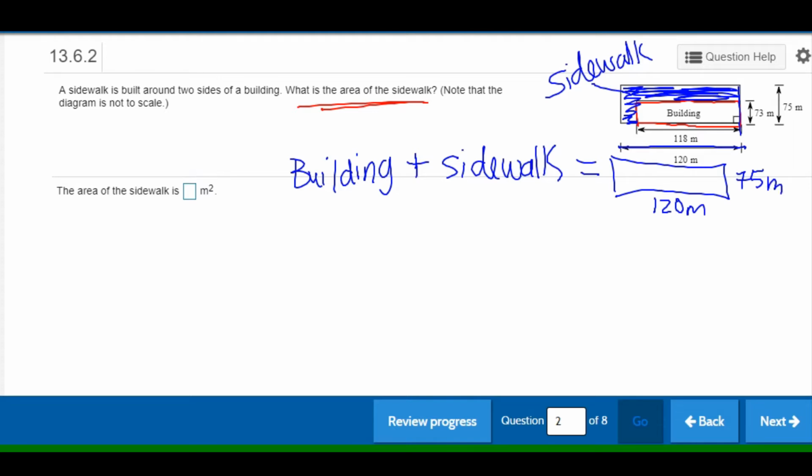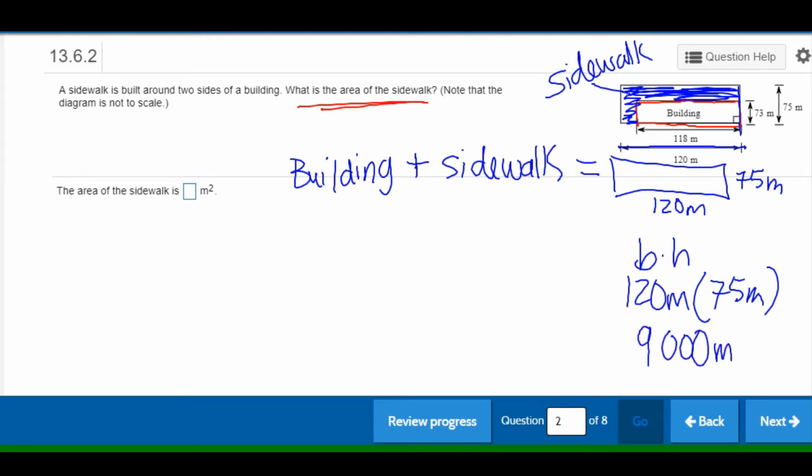We will have to use the formula for a rectangle, which is base times height. The base is 120 meters and the height is 75 meters. So if we multiply 120 by 75, we end up with 9,000 meters times meters, meters times meters is meters squared. So the building and the sidewalk is 9,000 meters squared.